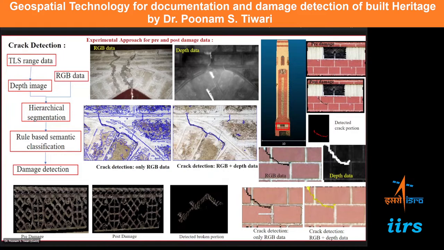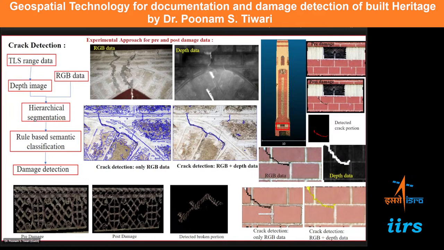Okay, so when we use the depth data from terrestrial laser scanning along with this RGB data, we will find the exact cracks, because the laser beam is very minute. It will go inside the crack also, and some of it will be reflected from there.